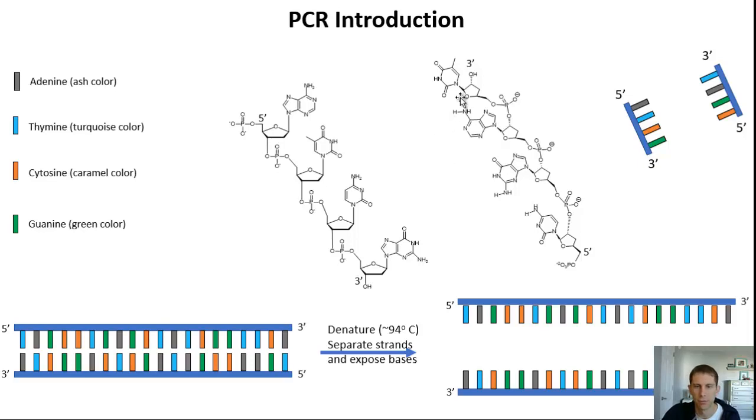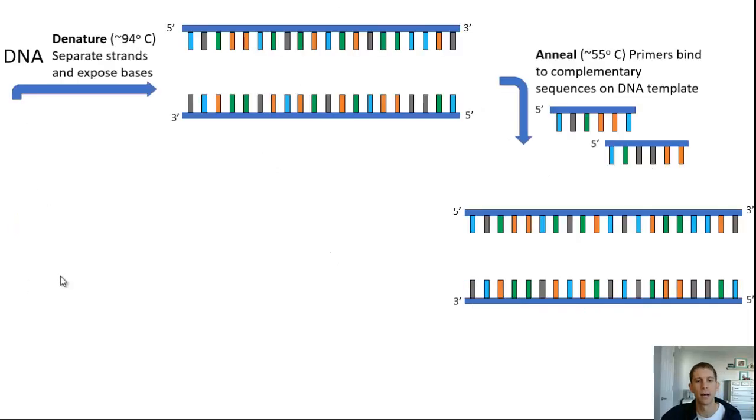Free rotation of these bonds and the movement that 94 degrees Celsius provokes within that molecule is going to no longer allow the hydrogen bonding interaction to occur. So we would call that a denatured strand, where the hydrogen bonding interaction is no longer happening. That's the first step of the PCR reaction, denaturing the strands.